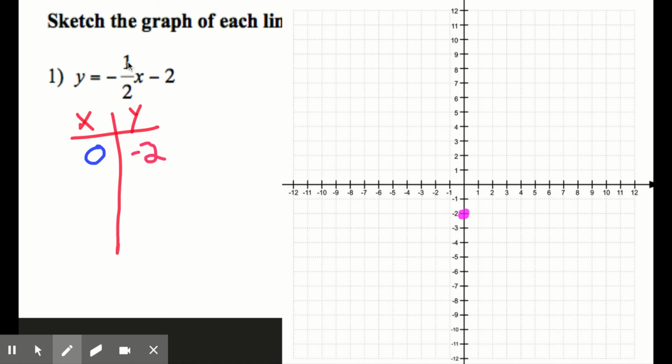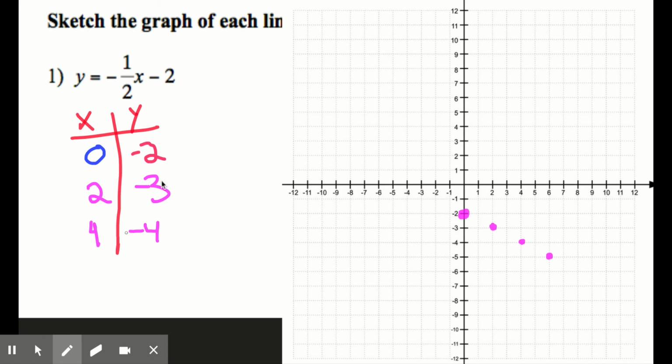I have a slope where I go down 1 over 2, down 1 over 2, down 1 over 2, down 1 over 2. That's a pretty quick way for me to find more points, right? 2, -3, 4, -4.